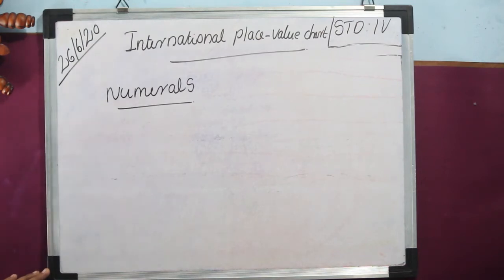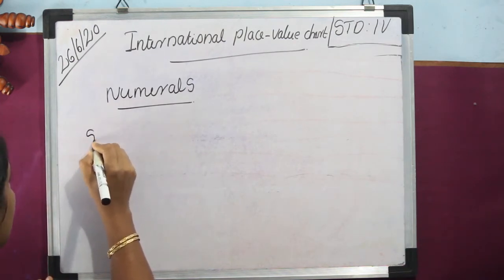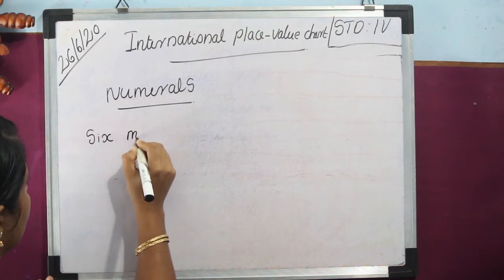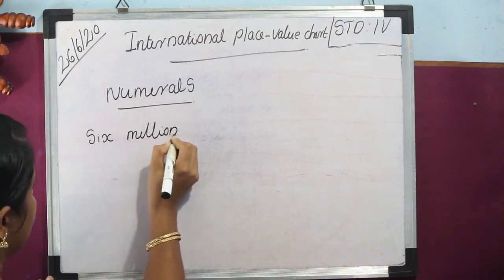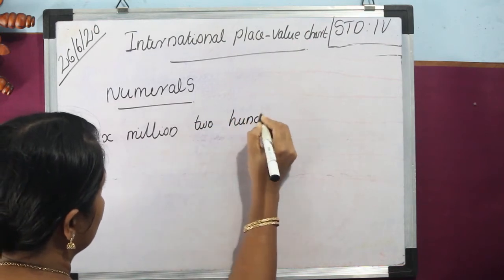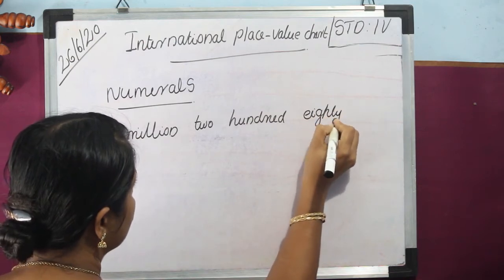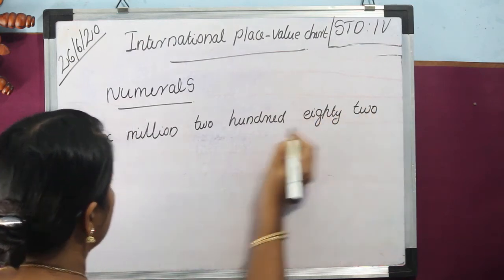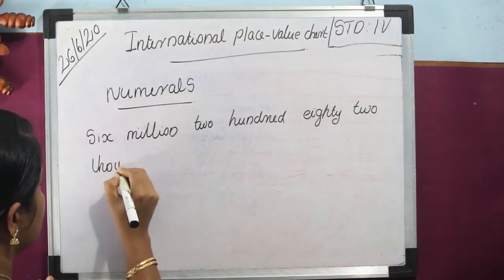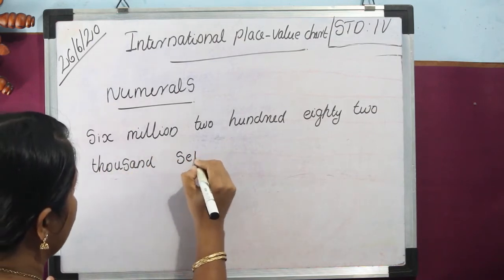Next is writing numerals based on the international place value chart. Give an example: 6 million, 282,000, 729.